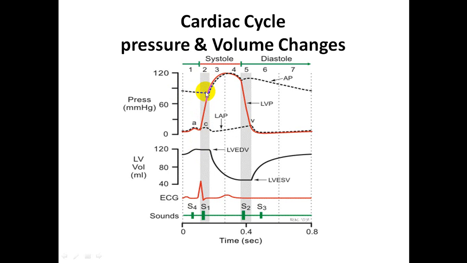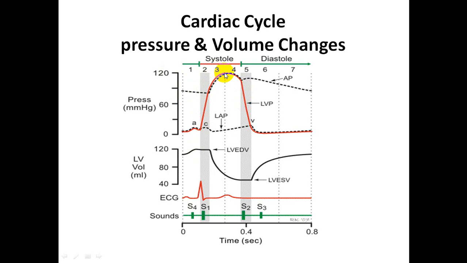And when the valve opens and the blood is pushed into the aorta, reaching its maximum, the pressure is very high and then it drops down. We see that in the ventricle the pressure starts to drop, and the pressure in the great vessels might reach 120.